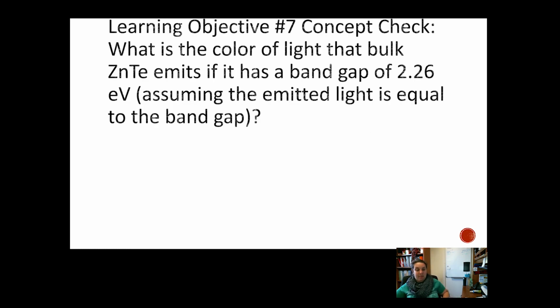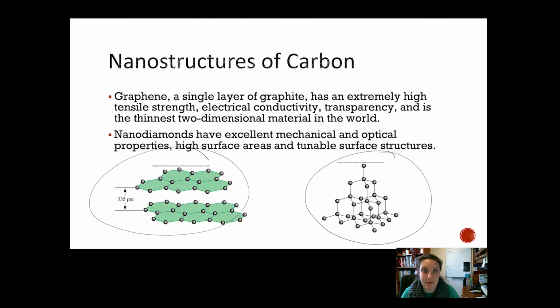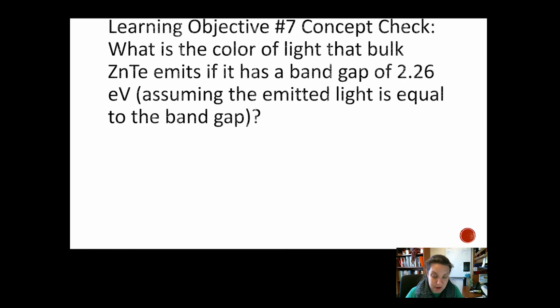Let's look at some concept checks within our nanomaterial. We want to know, if we have a band gap of 2.26 eV, electron volts, what is the color of light that the bulk material emits? We want to figure out our wavelength of light, and we assume the emitted light is equal to the band gap.